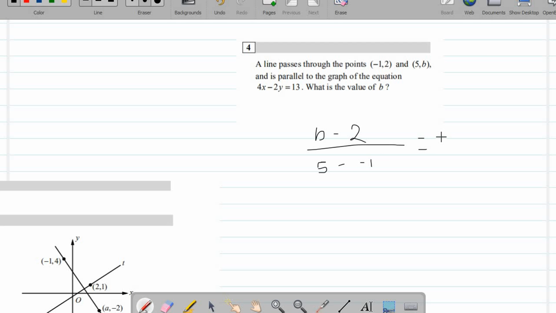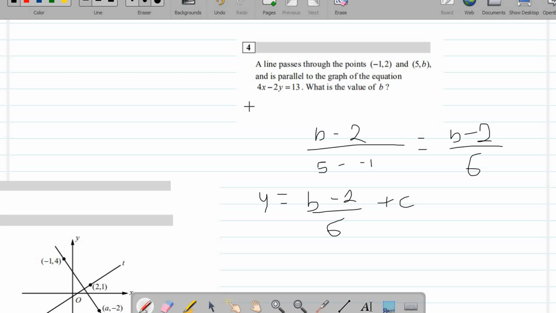So the slope m is b minus 2 over 6. So from y equal to mx plus c, we're going to just substitute m into it, and we have b minus 2 over 6 x plus c.